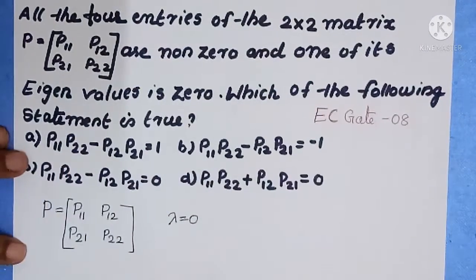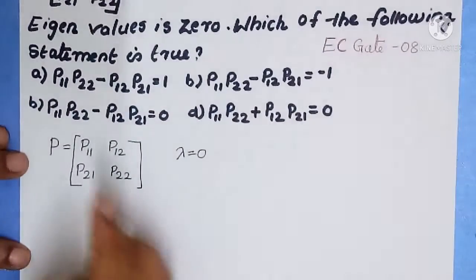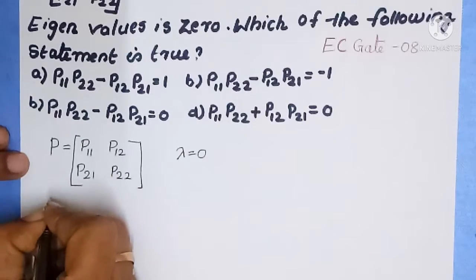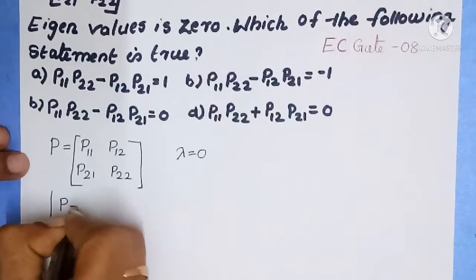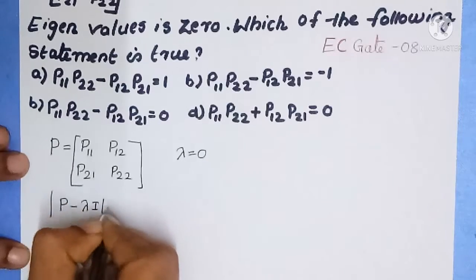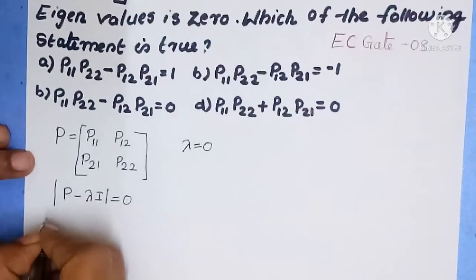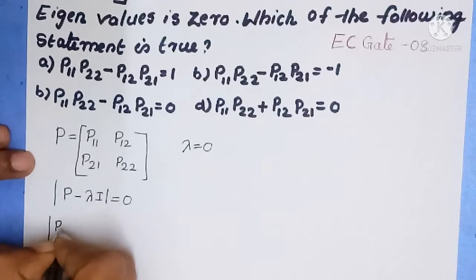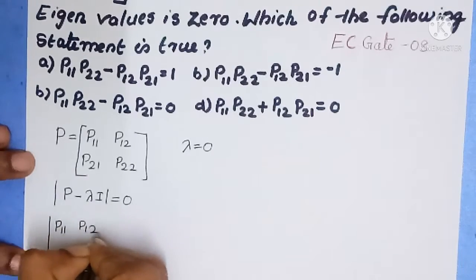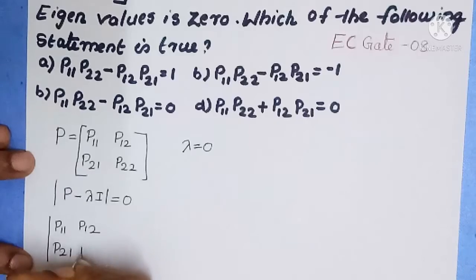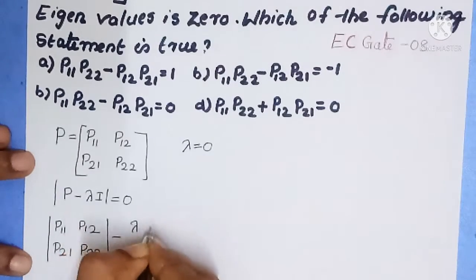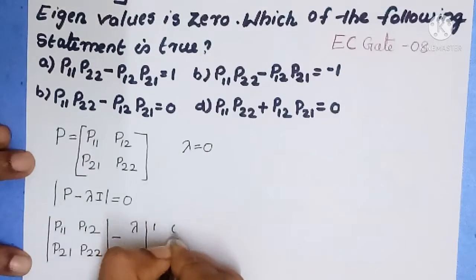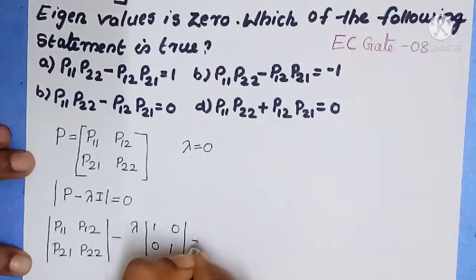Okay. For that, we can write the characteristic equation. What is the characteristic equation in terms of P? Determinant of P minus lambda I is equal to 0. Okay, we can substitute the values. Determinant of P11, P12, P21 and P22 minus lambda into 1 0 0 1 equal to 0.